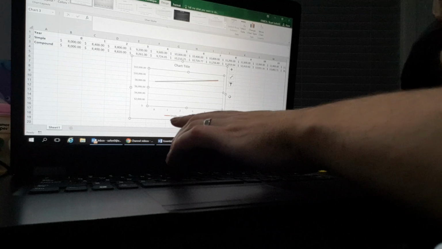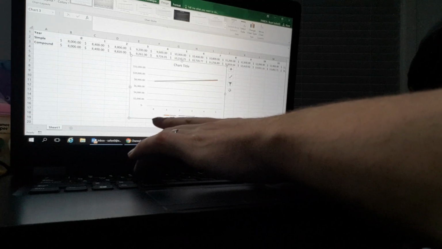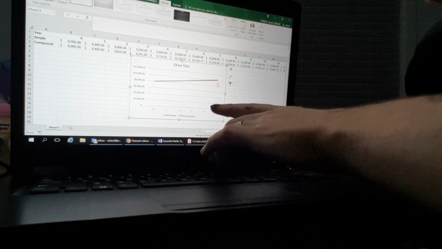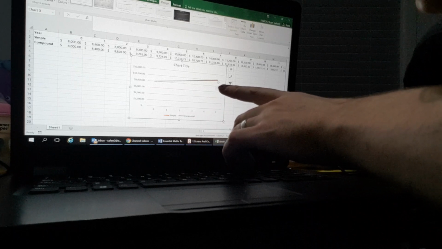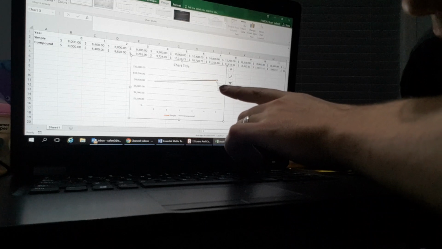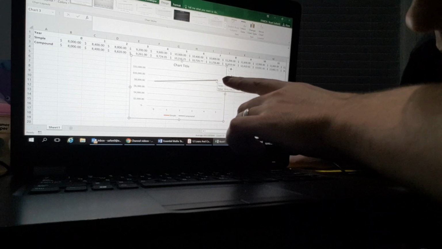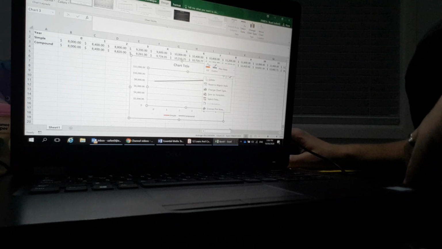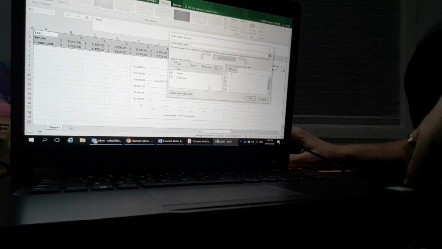What we've got then there is we now have the year values there, 0, 1, 2, 3, 4, 5, and it's hard to see because the grey line is on top of the orange line, but the compound interest there is gradually becoming slightly above the simple interest. You get more value here if you look on a larger scale.